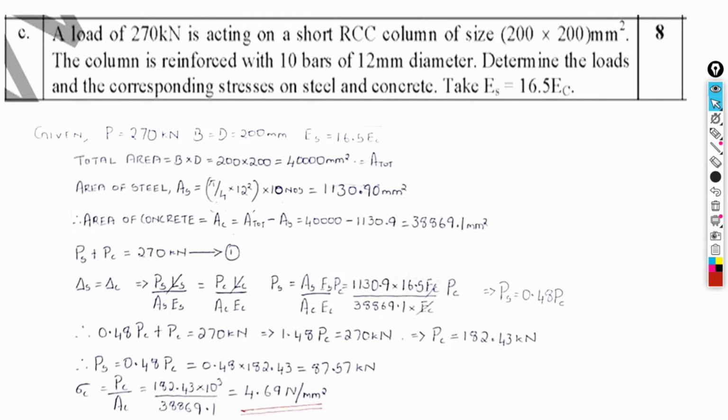We will get 4.69 Newton per mm square. The stress on steel equals load on steel divided by area of steel. That is equal to 87.57 into 10 raised to 3 divided by 1130.90. We will get 77.43 Newton per mm square. These all are the stresses on the steel and the concrete element.